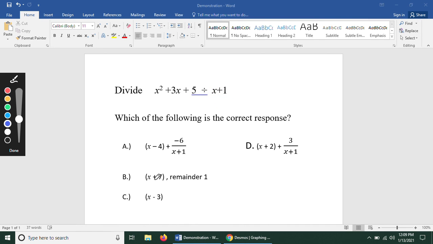That is how you would have to enter this information in Desmos.